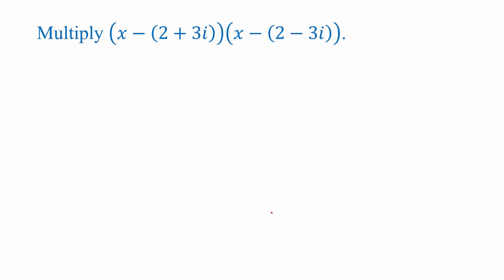We've done that. Now we're going to multiply x minus 2 plus 3i times x minus 2 minus 3i. And I've printed some help out here for us. So we can write this as distributing this negative through. We'd have x minus 2 minus 3i times x minus 2 plus 3i.